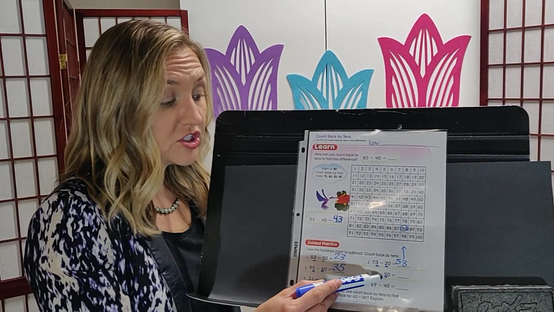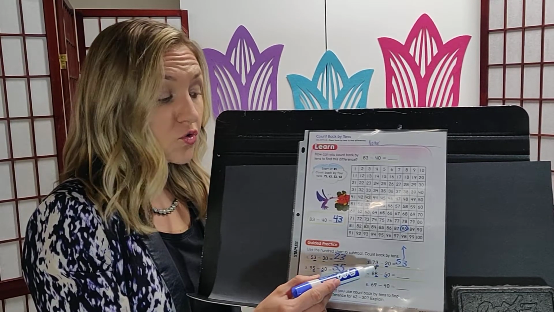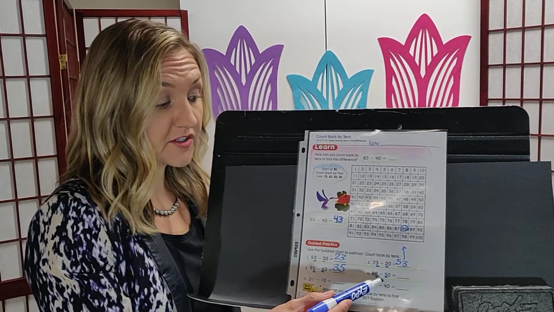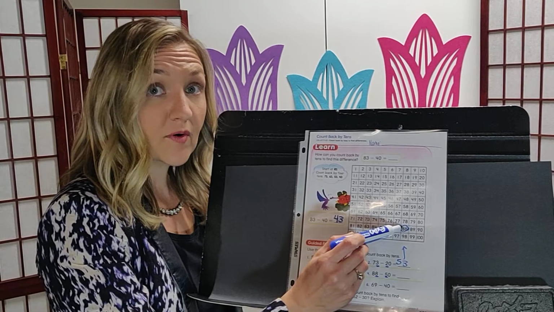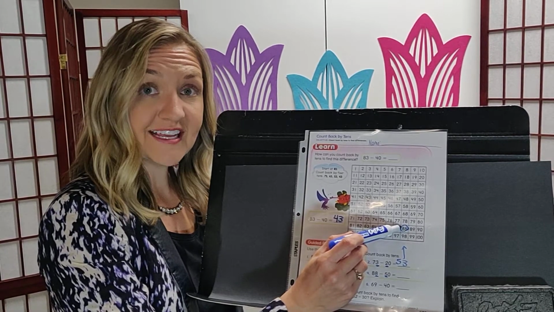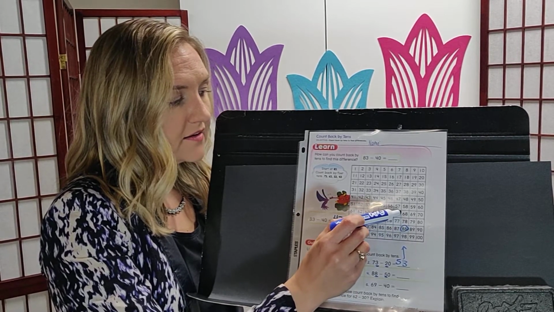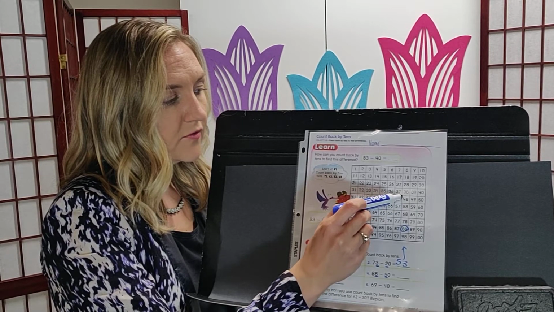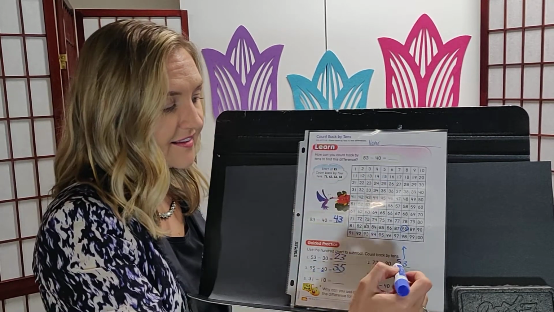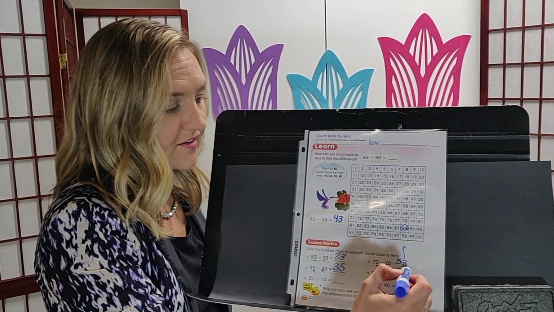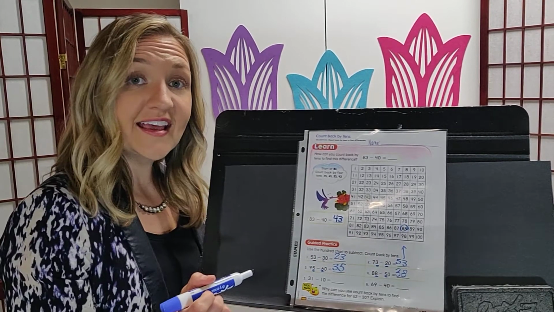That means we're going to jump 5 times towards lesser numbers because we were subtracting. Okay, let's start on 88 and subtract 5 groups of 10. 1, 2, 3, 4, 5. Where did you land? You should have landed on 38.